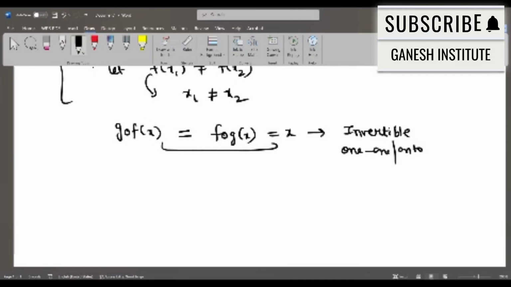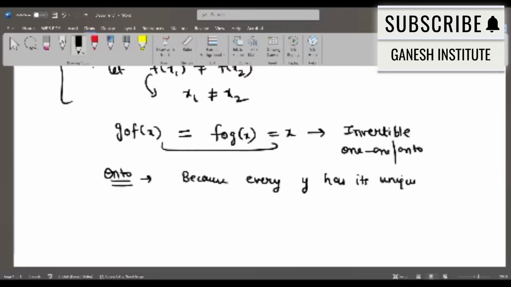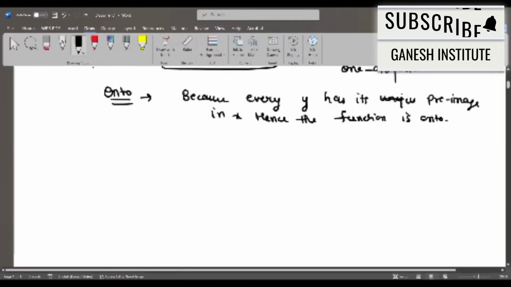This is the case when you have two functions and you put the values into each other. And for onto, you will simply prove that every y has its pre-image in X. Hence, the function is onto. Does this make sense?